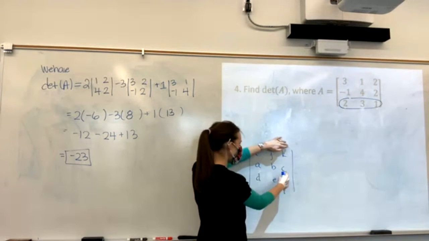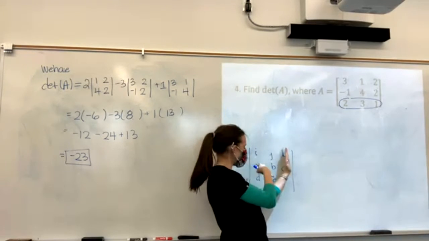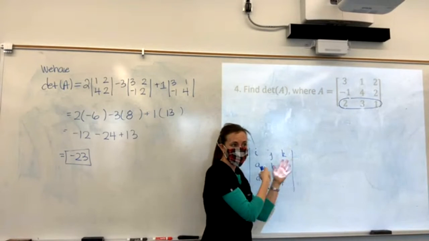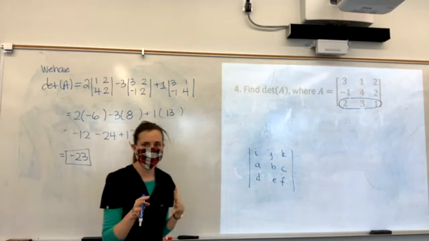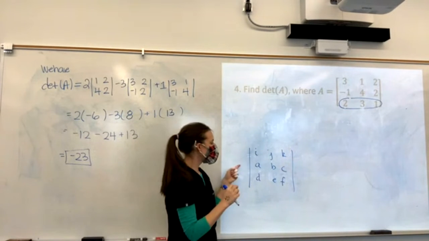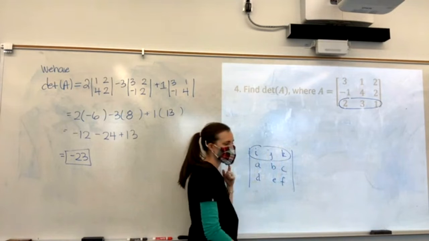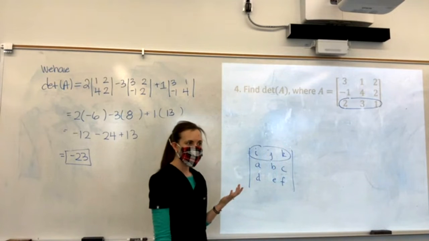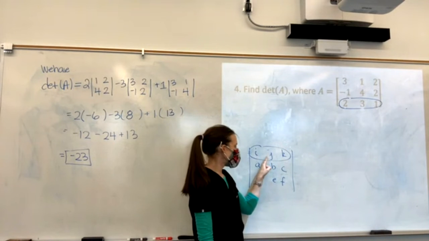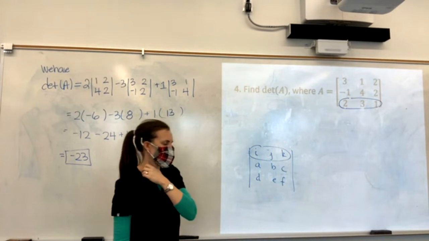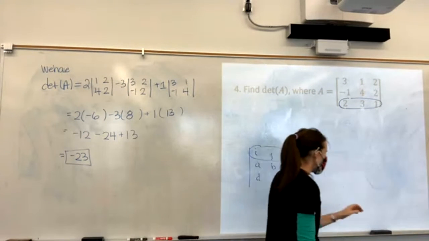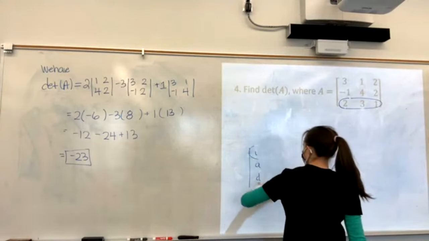Minus J times AF minus CD, plus K times AE minus BD, is just the determinant. So the cross product that you were computing back in your multivariable calculus class, you were just computing the determinant where you expanded across the first row. And that's why it was always a minus J, because of that checkerboard pattern. So it's a kind of cute little connection, if you haven't seen it before.